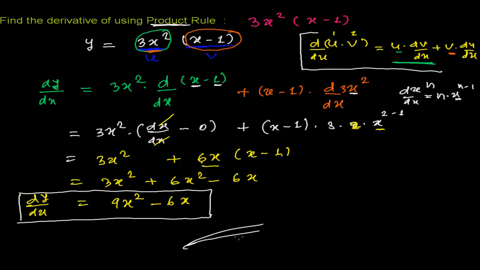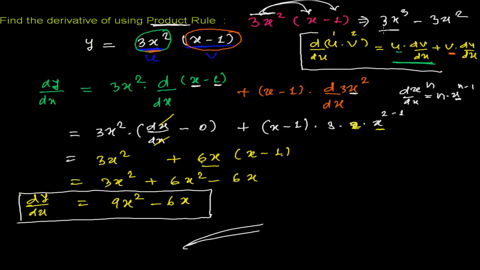Here we are done. We'll be doing a few more problems that will give you a better idea of how to find the derivative of a function using product rule, depending on the situation and which method is appropriate. But if you want, you can also multiply 3x squared by x and then by 1, and you'll get 3x cubed minus 3x squared.